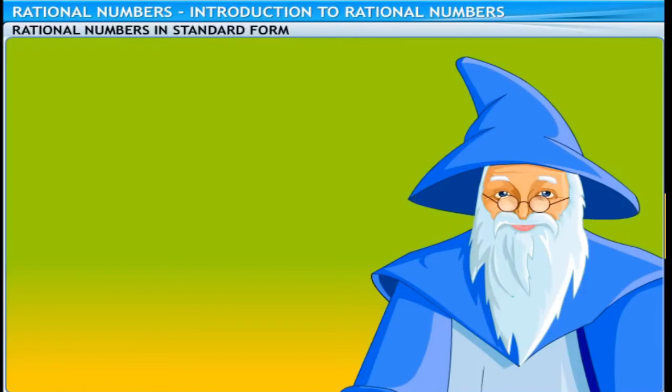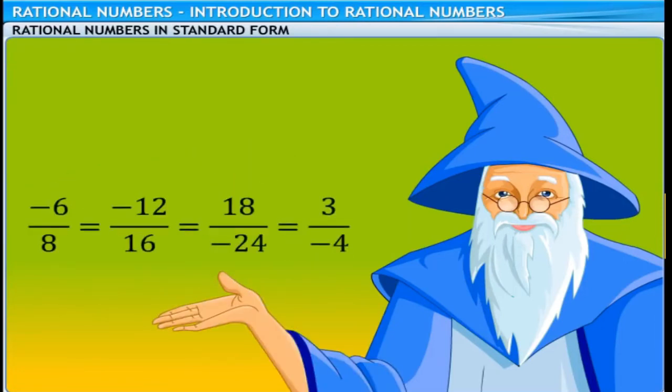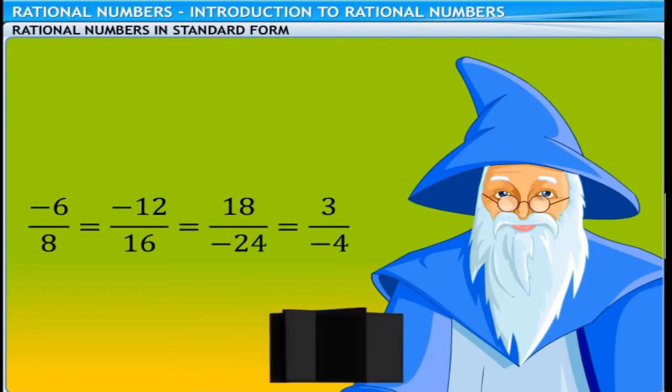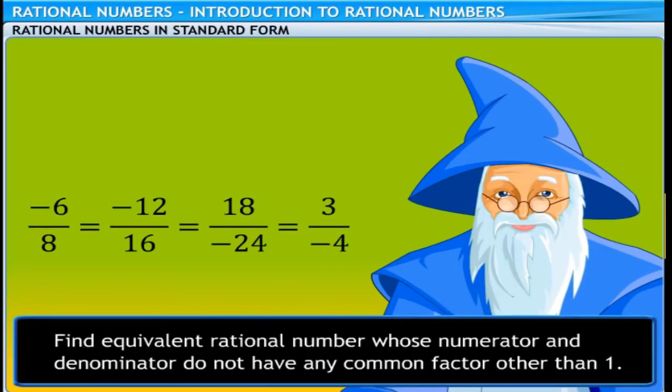In this section on equivalent rational numbers, we saw that all the numbers shown here actually represent the same rational number. But what is that rational number? To find what rational number all these numbers represent, we have to find an equivalent rational number whose numerator and denominator do not have any common factor other than 1.